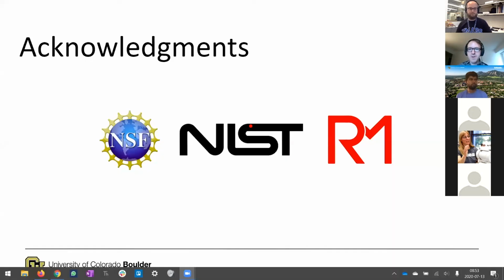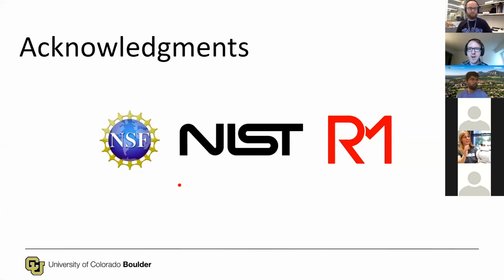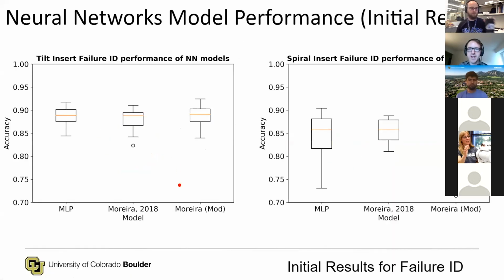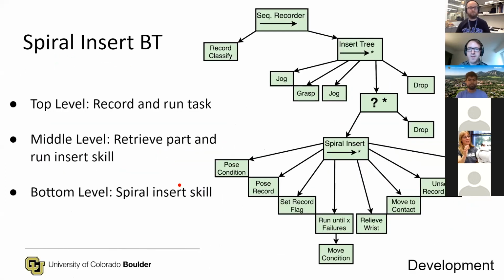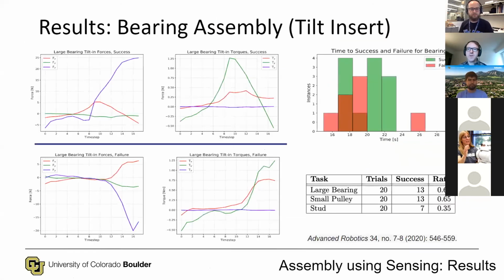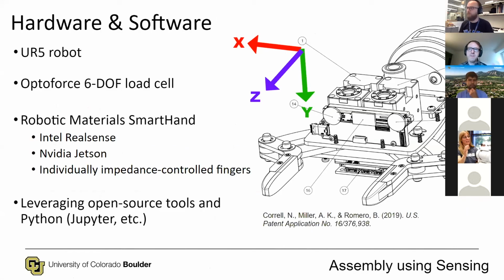Okay. Let me go ahead and share my screen again. We did have a nice cutaway view from the patent application about the gripper. Let me go back to our cutaway view here and move my zoom window out of the way. This is the view inside the gripper. It is mounted on a UR5 arm. We have a 6-axis force torque sensor.